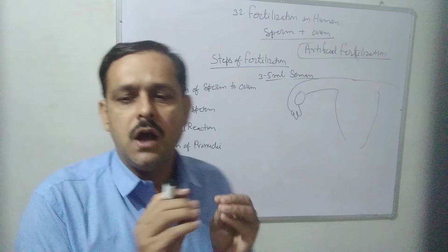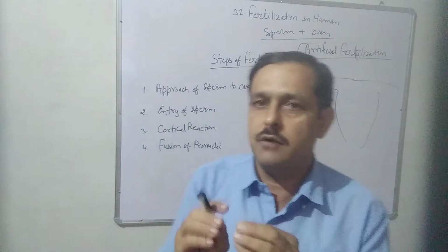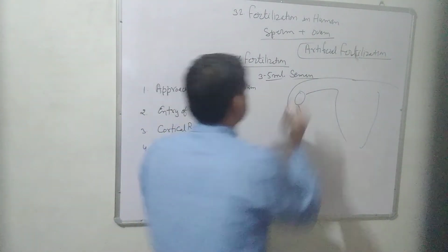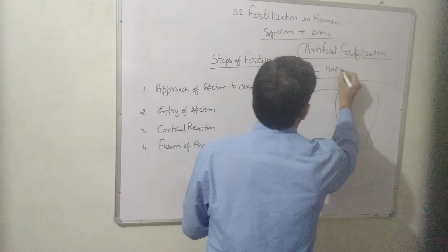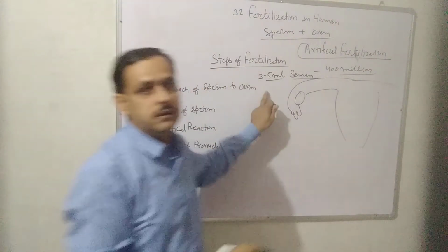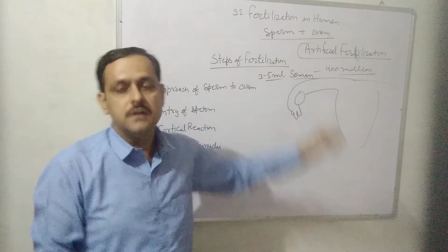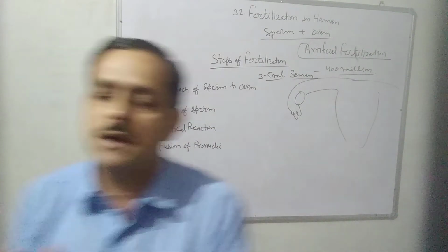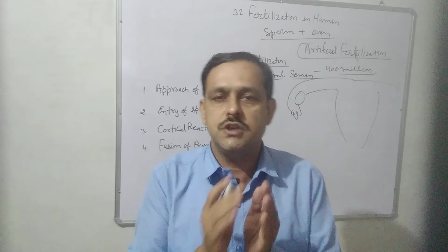You have to remember this number: about 400 million sperms are found in 3 to 5 ml of semen in one ejaculation.